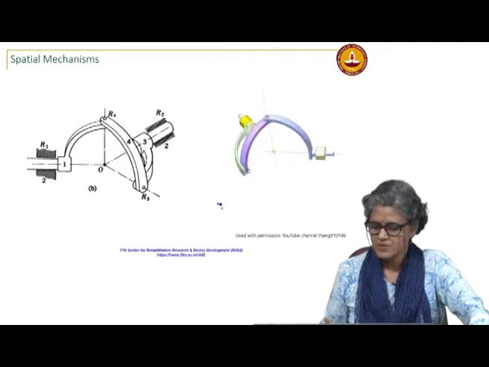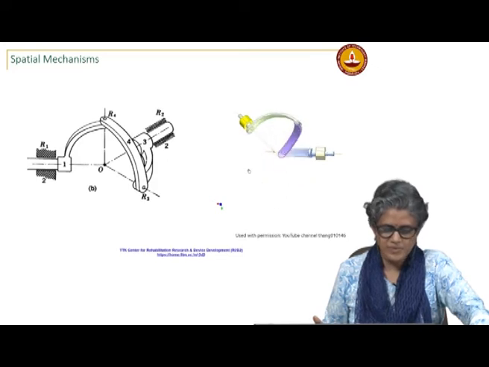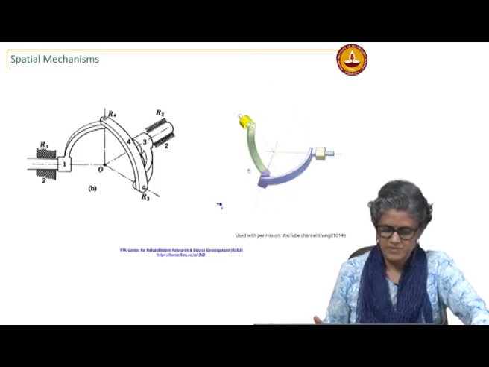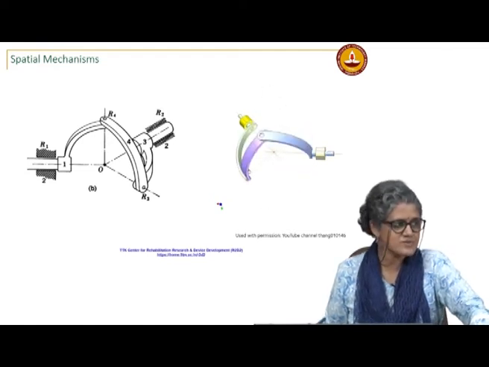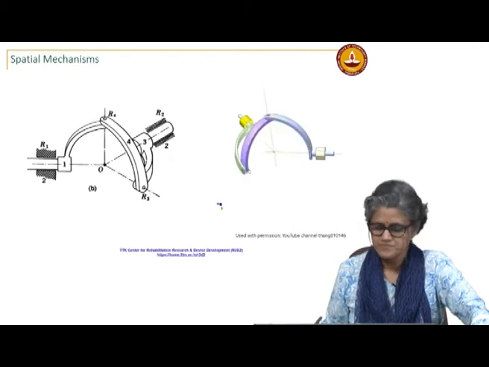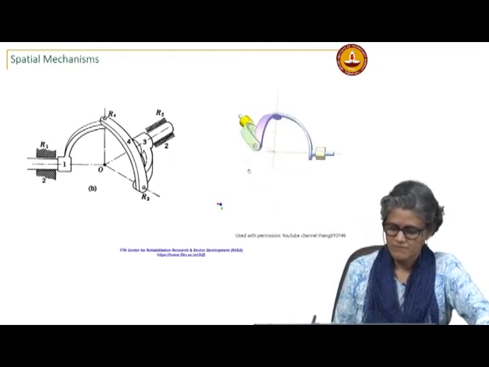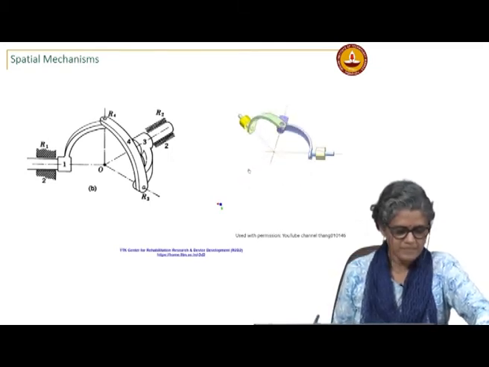Okay. You can see that the axes always intersect and the motion is spherical. So, these spherical mechanisms are a special case of spatial mechanisms. This is also the same one, right? Yeah, yeah.